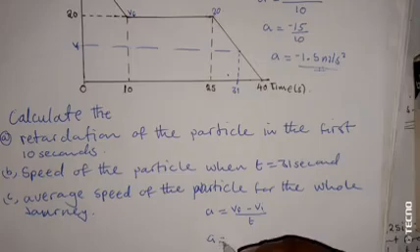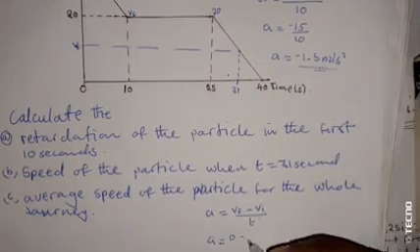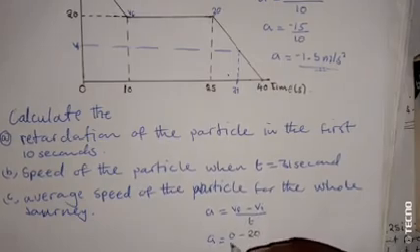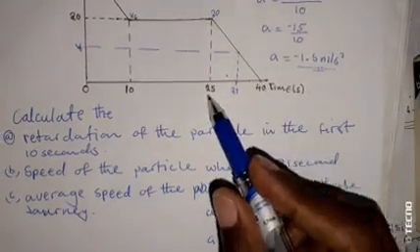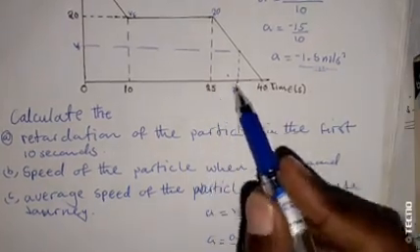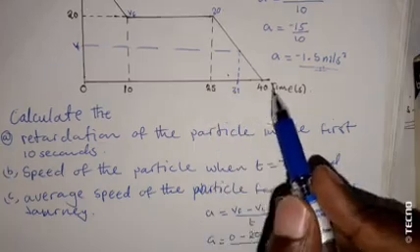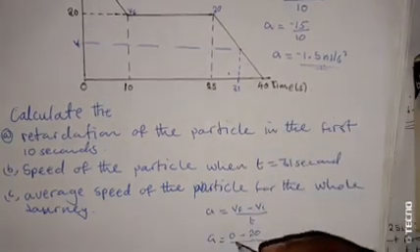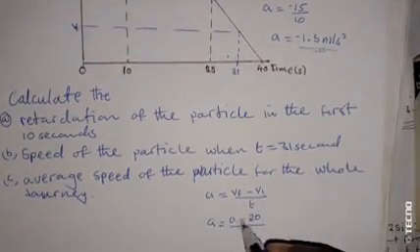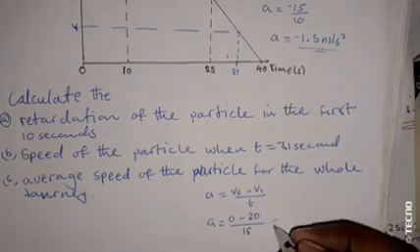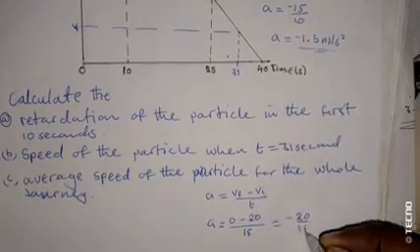So we'll say a is equal to final, here it's 0, minus our initial, there it's 20, over time taken. So there is 40, and this side there is 25. So we can find the difference: just subtract 25 from 40, which will give us 15. So time is 15 seconds. Then we're going to have negative 20 over 15.